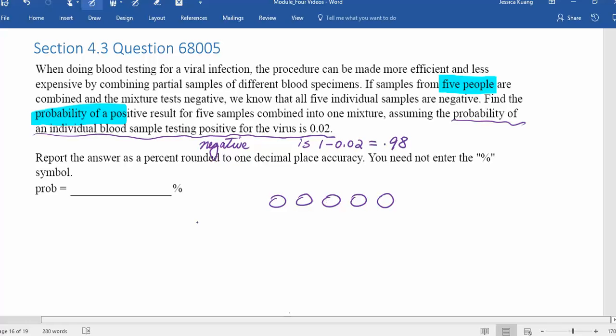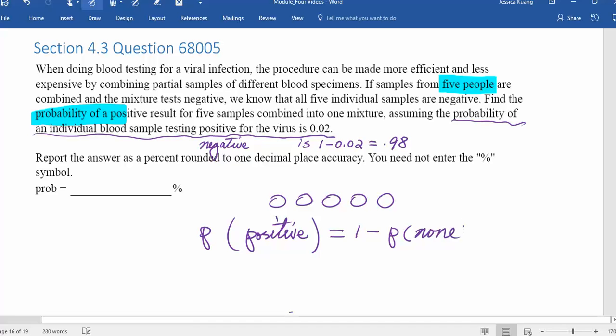So the probability of 1 or more persons having a positive result is equal to 1 minus, so 100% minus the probability of none of them testing positive.